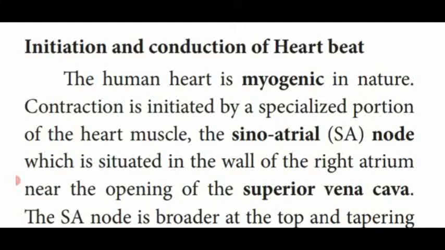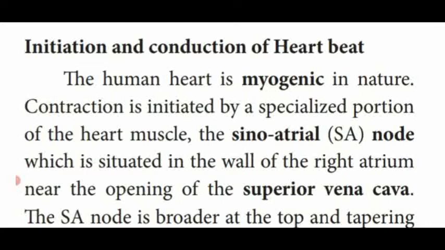Now we have seen that our heart, which is made up of a special type of muscle known as heart muscle or cardiac muscle, functions with the help of this muscle only, so our human heart is myogenic in nature. Then, what about contraction? Systole is initiated by the specialized heart muscle.